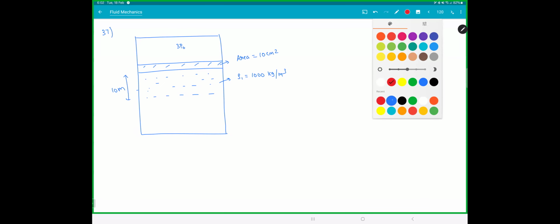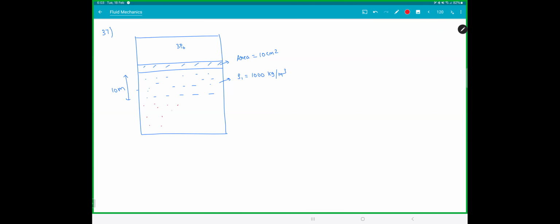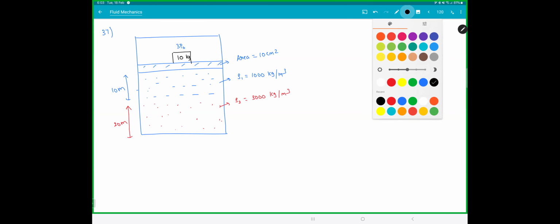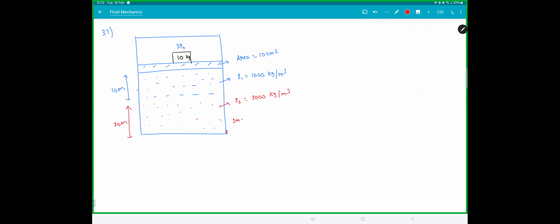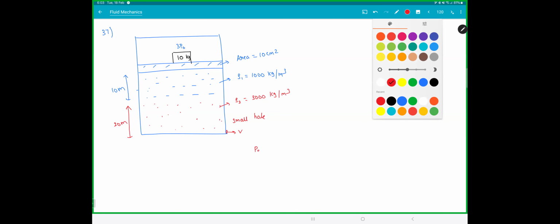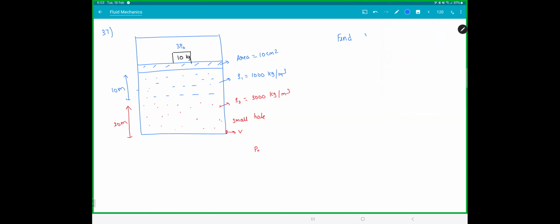Pressure is 3 P naught. We have a second liquid rho 2, which is 3000 kg per meter cube. This height was 20 meters. And here you have a block of 1 kg. Make it 10 kg. And here at the bottom, we have a small hole. Outside pressure is P naught. Find velocity of efflux. There, I just literally combined B, C, D cases.